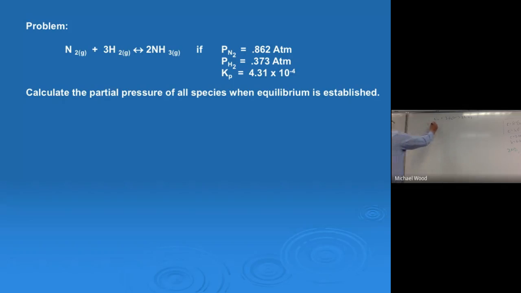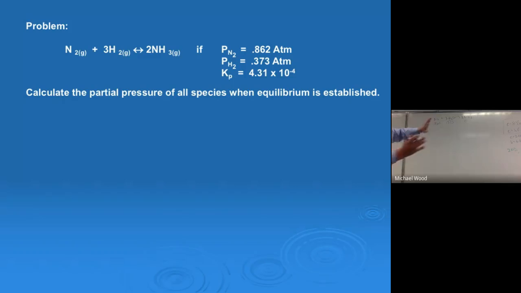So I have 0.862, I have 0.373. And again, the only time you wouldn't have 0 on the right side in the I row is a problem like the last one. So typically, it'll be 0. And ultimately, we want to find the pressure of the N2, the H2, the NH3.